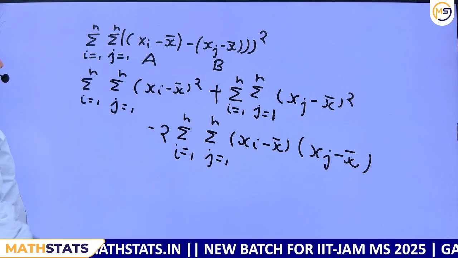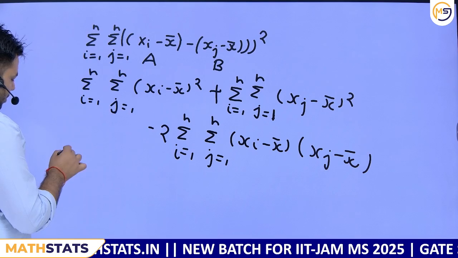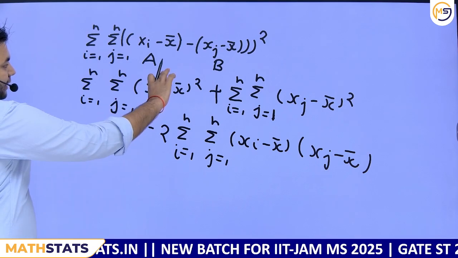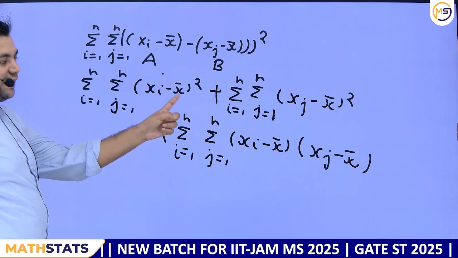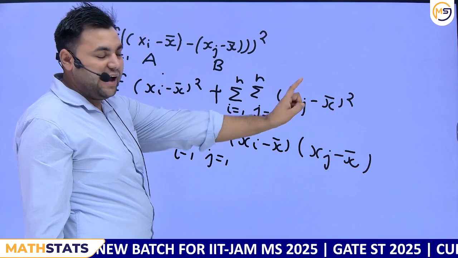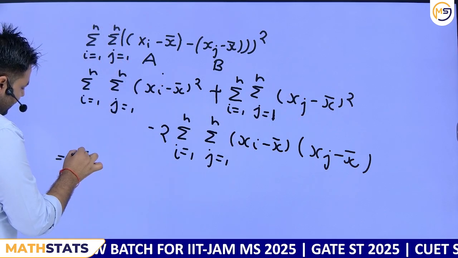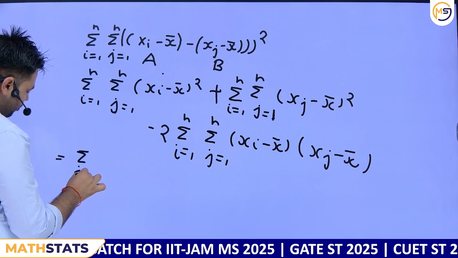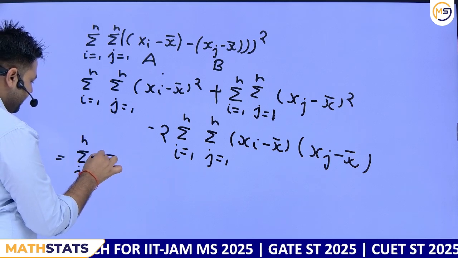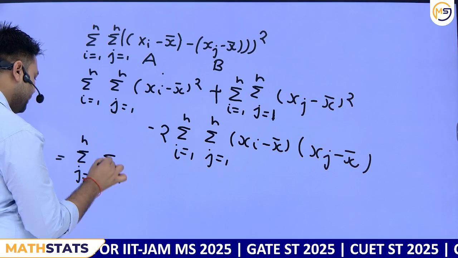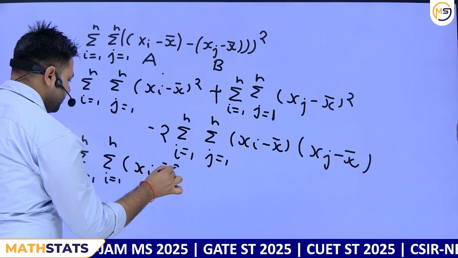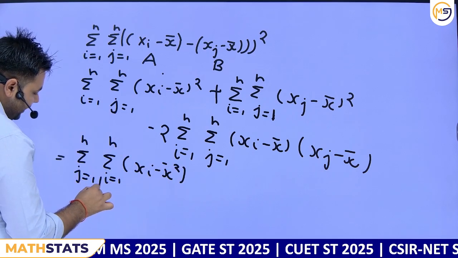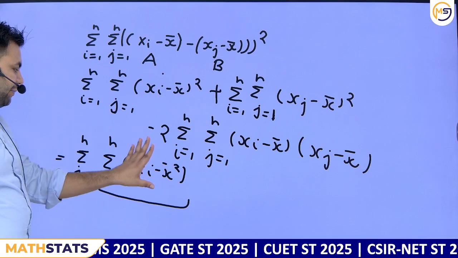Understand one thing. In this term there is no term involving j, and in this term there is no term involving i. So you can write it this way: summation j equal to 1 to n and summation i equal to 1 to n, (xi minus x bar) square. Now what is the value of this term?